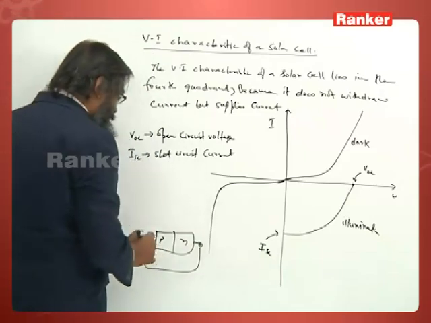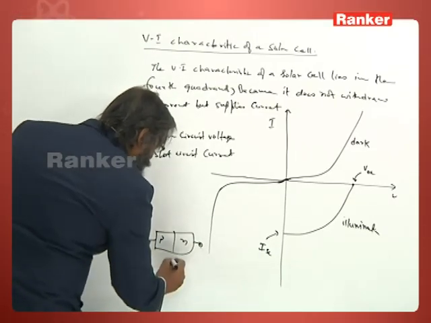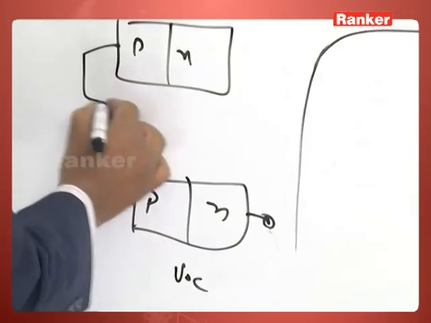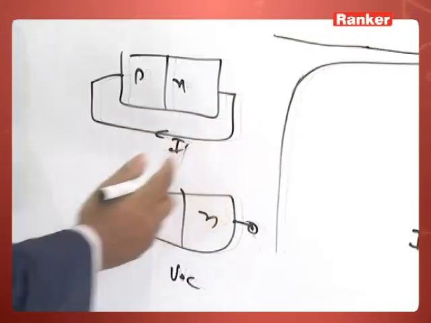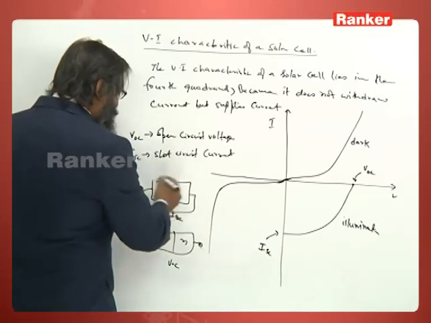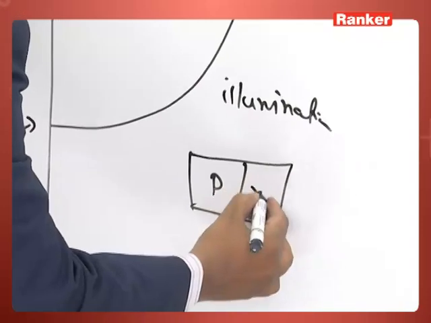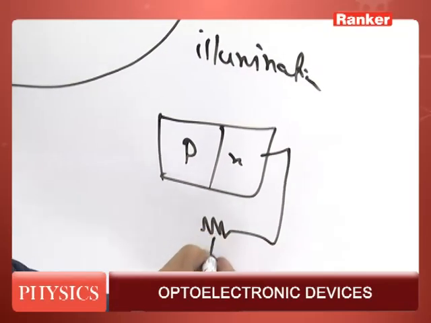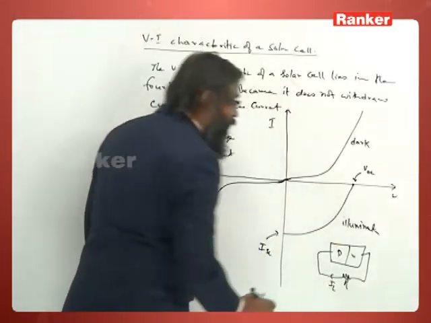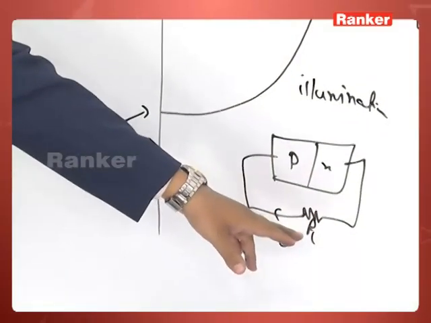When this PN junction is connected by a short circuit, we get the current ISC. When we are using a solar cell, we connect a load, so the current is IL, and you get the power output across the load resistor.